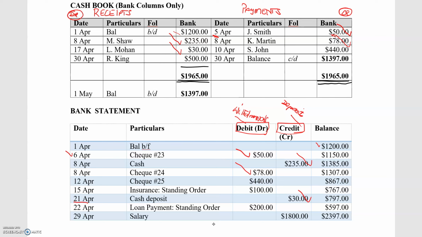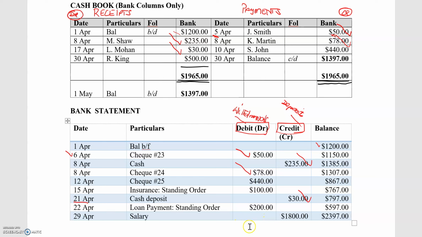Now, you should note here that although this money was received on the 17th of April, it was not deposited into the bank until the 21st of April. And this is just an example of one of the reasons why both the cash book and bank statement balances may vary. However, not in this case, because the amount is accounted for on both the bank statement as well as the cash book.